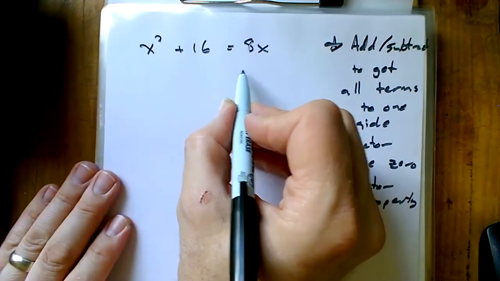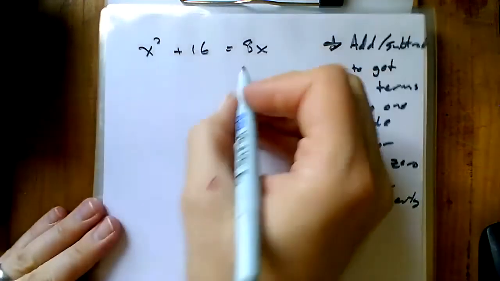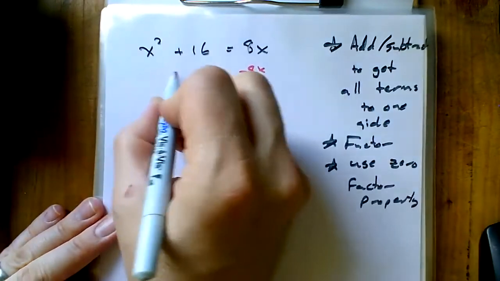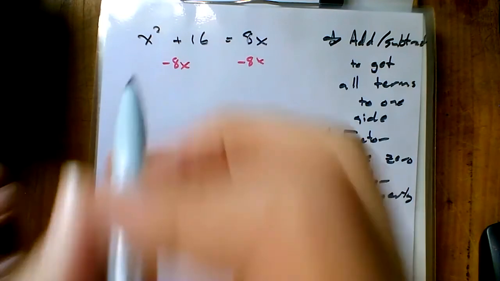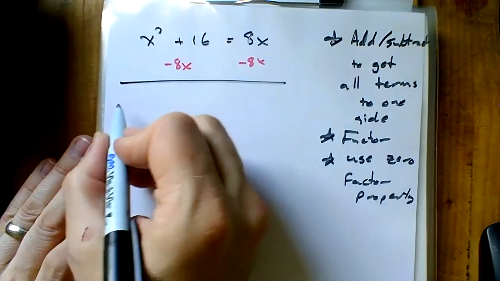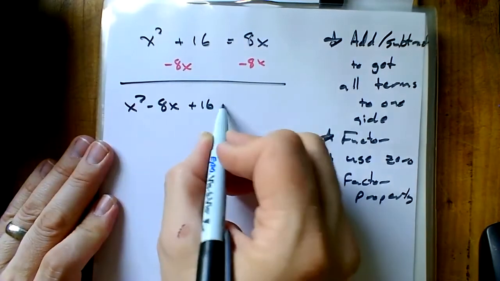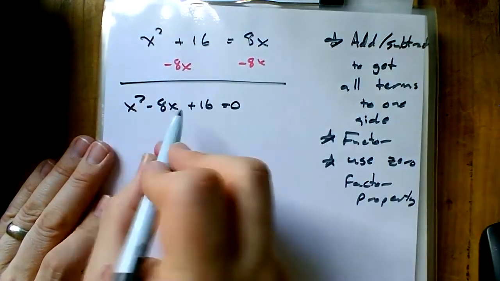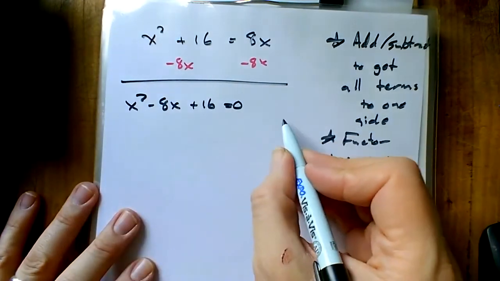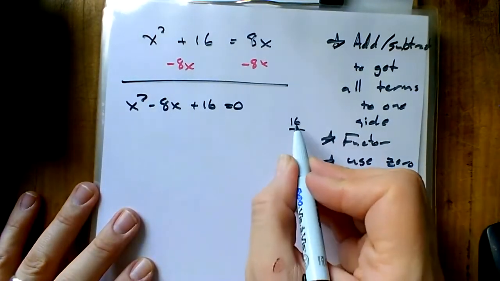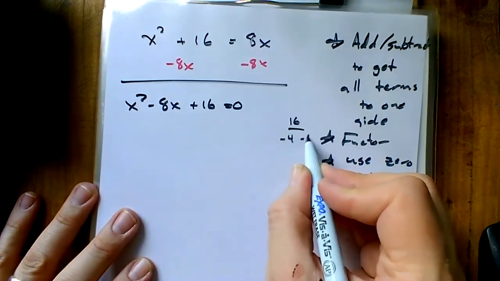So with this, I would subtract 8x from both sides. That way I've got x squared minus 8x plus 16 equals 0. This is actually a special form. This one's going to be a little bit interesting because the factor pair of 16 that adds up to be negative 8 is going to be negative 4 and negative 4.